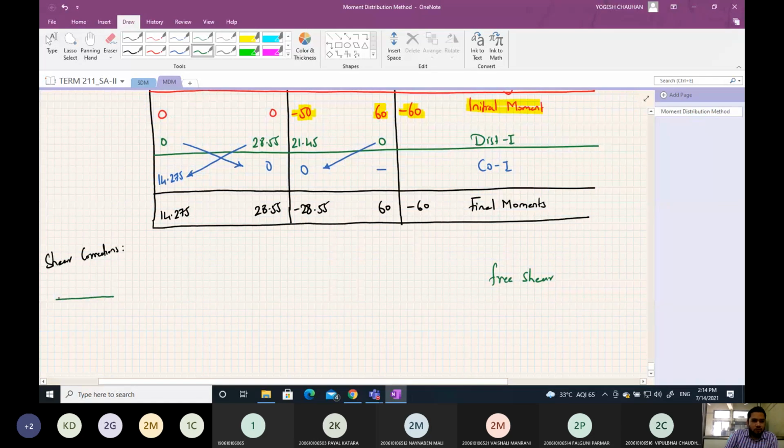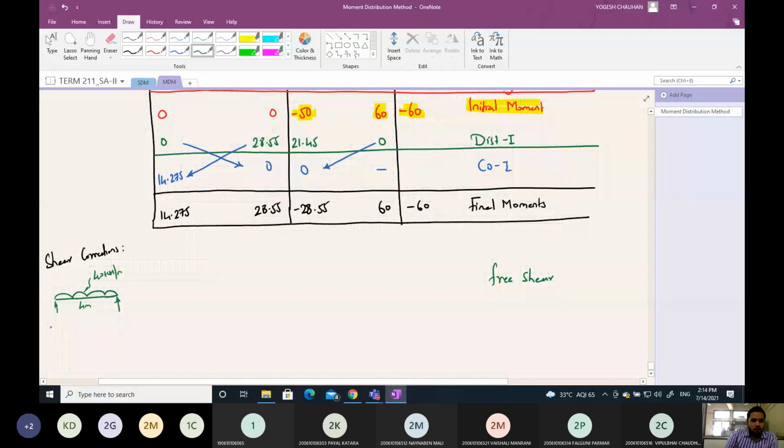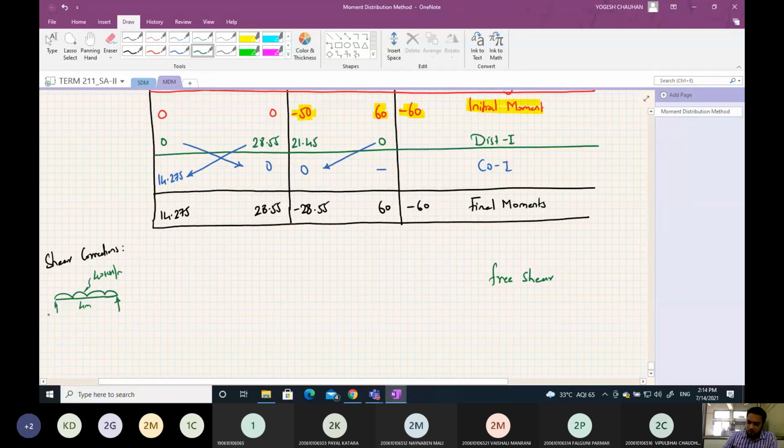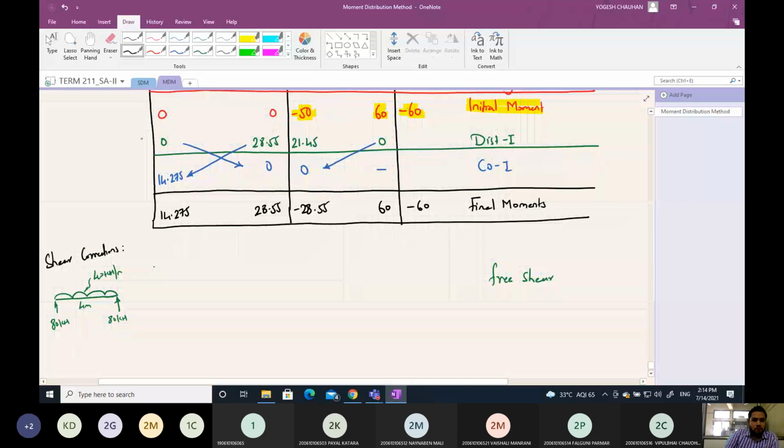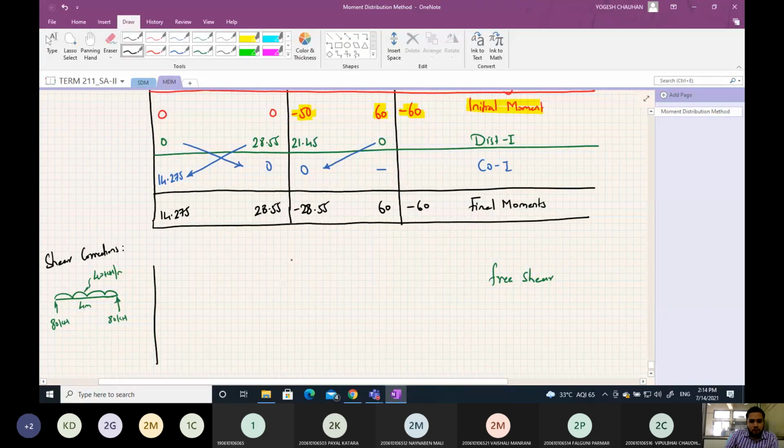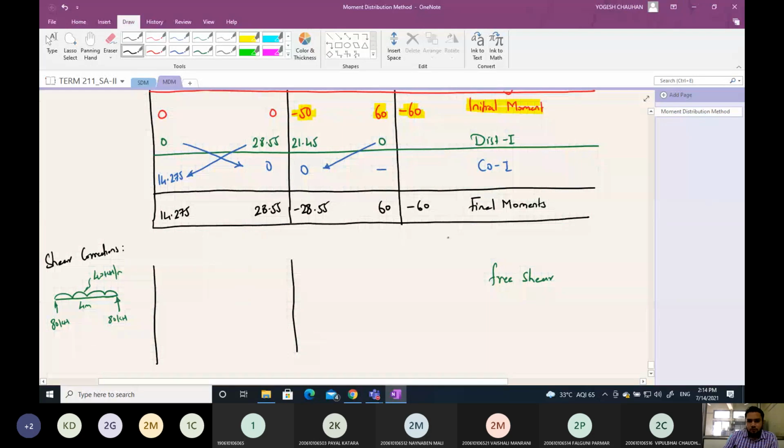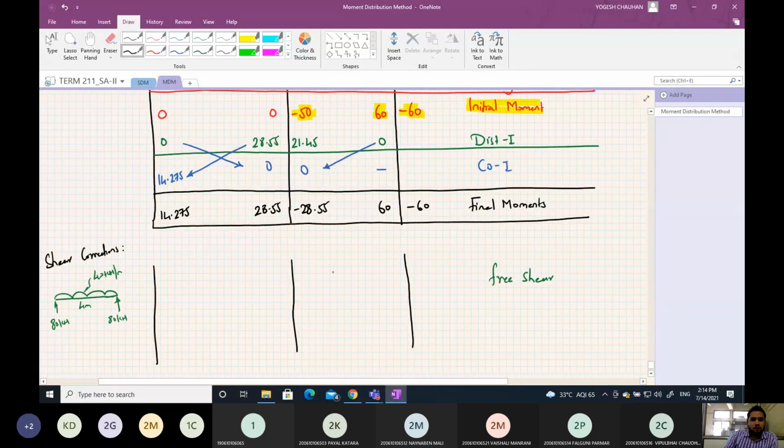So free shear with 40 kilonewton per meter loading with 4 meter span, the value of this shear force will be 80 kilonewton. This is 80, this is 80. Now there is no load on this one, it is 0 and 0.